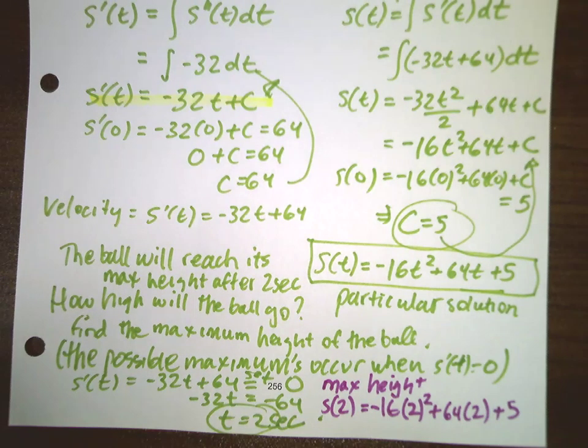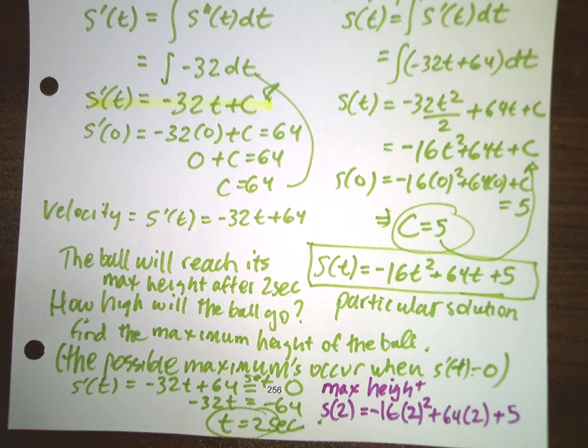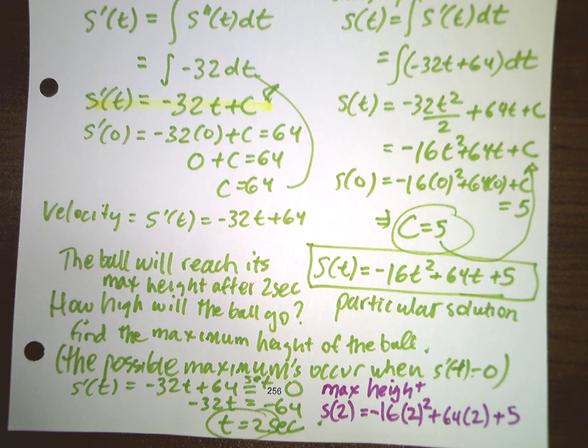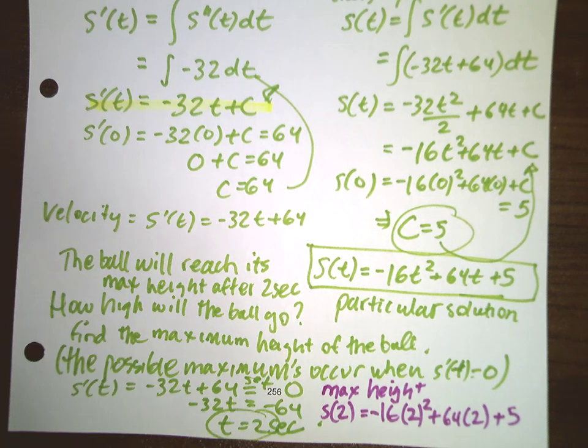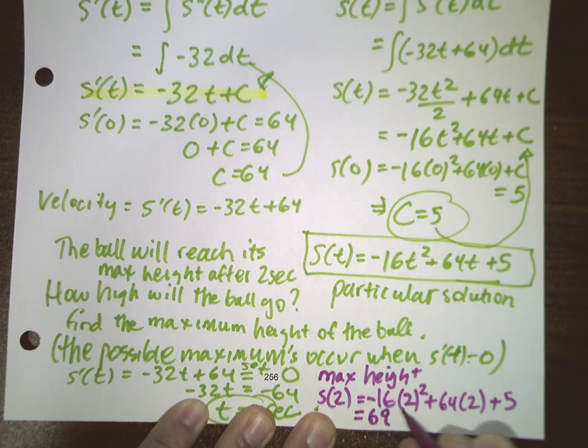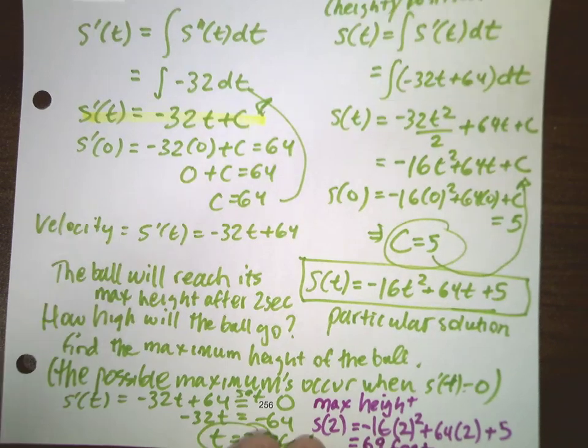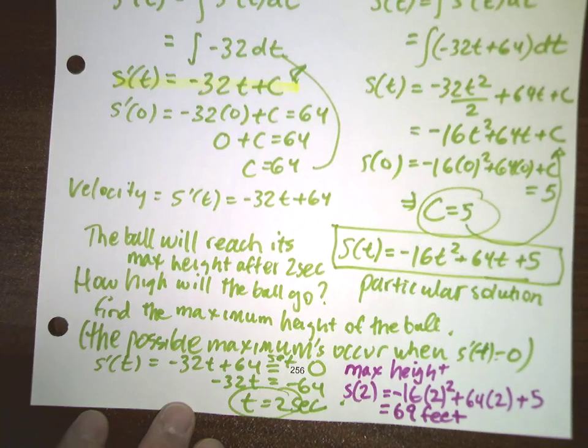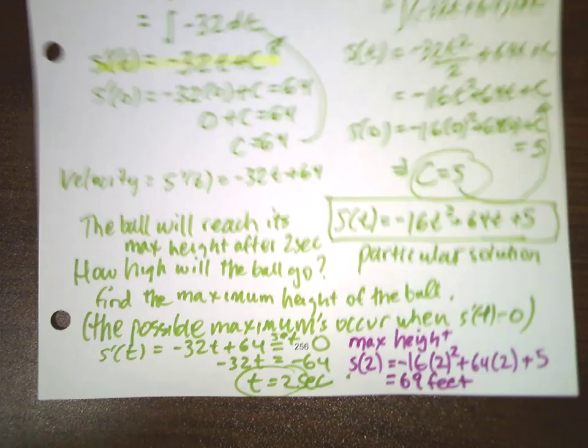If I don't double check with a calculator, I will make some sort of mistake. But yeah, so 69 feet. This is 69 feet will be the maximum height that this ball will go under these conditions that were given.